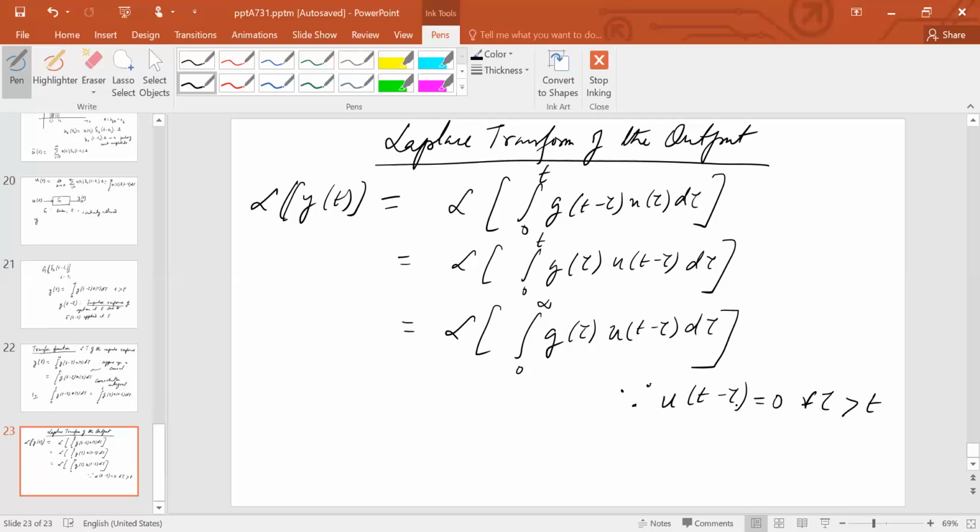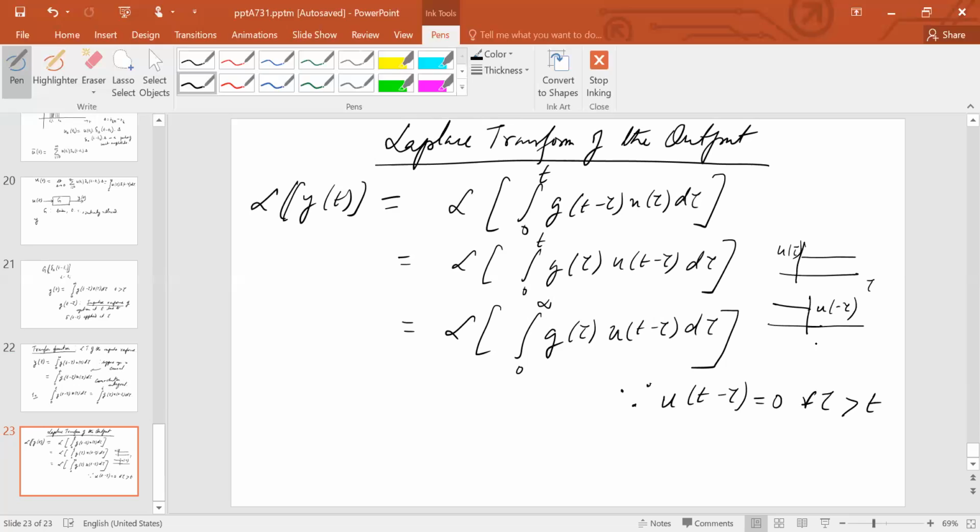So if you look at this function, let me draw the sketch here. If this is u of tau, and tau is the running variable, then this is u of minus tau.